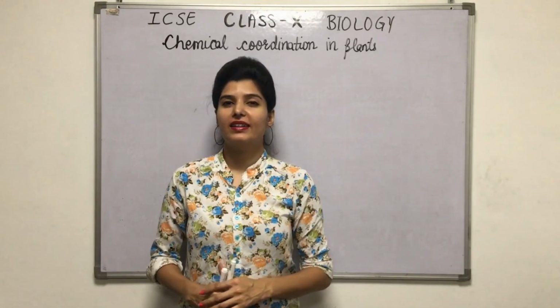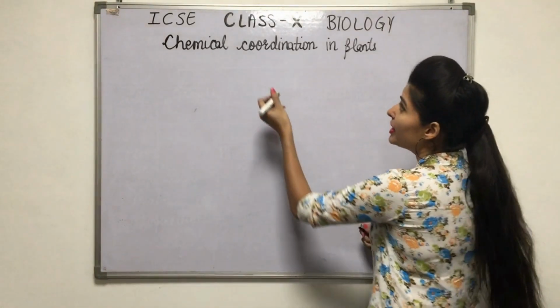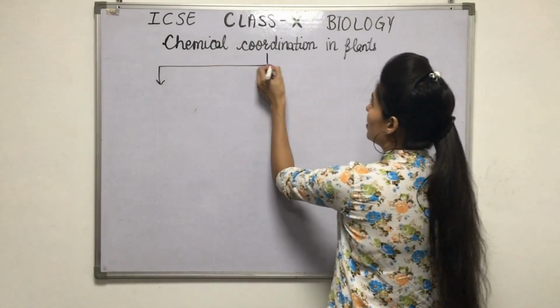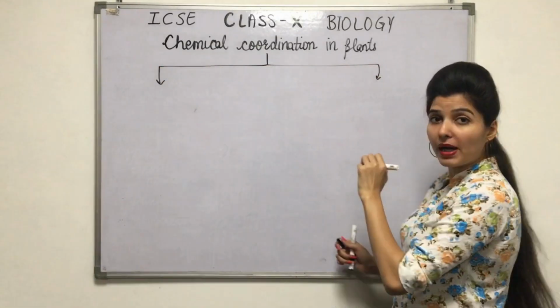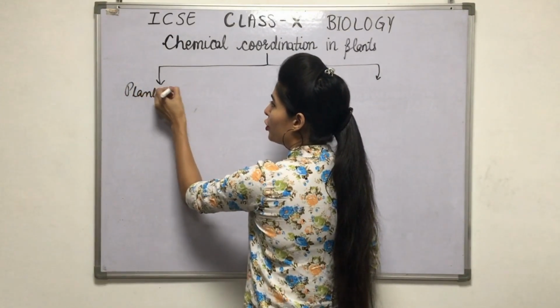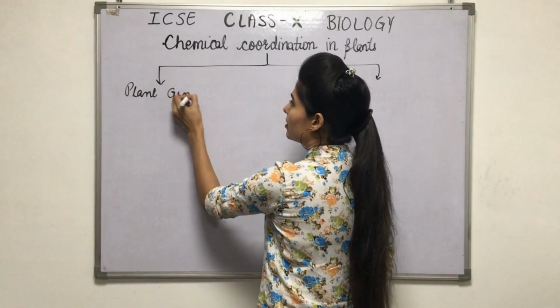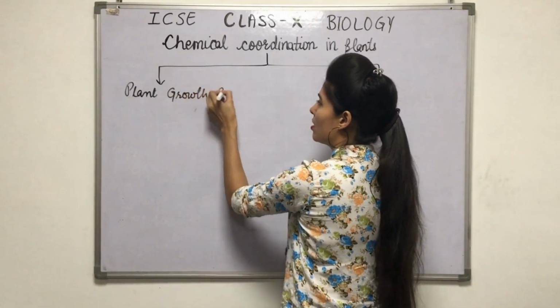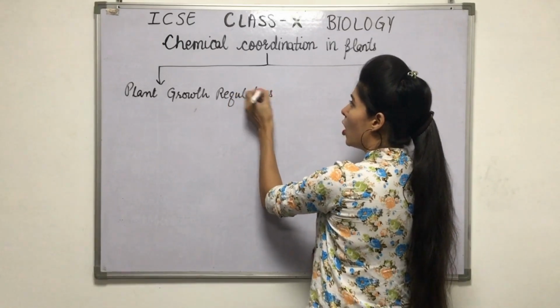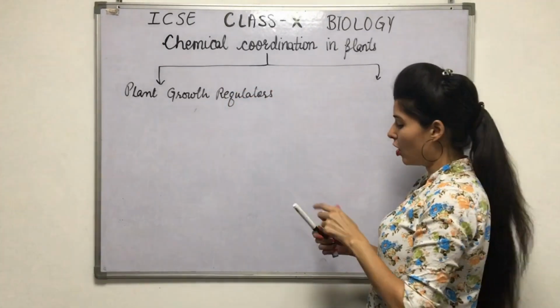So let us start. This chapter can be divided into two parts. The first part is plant growth regulators, or we can call them plant hormones also.